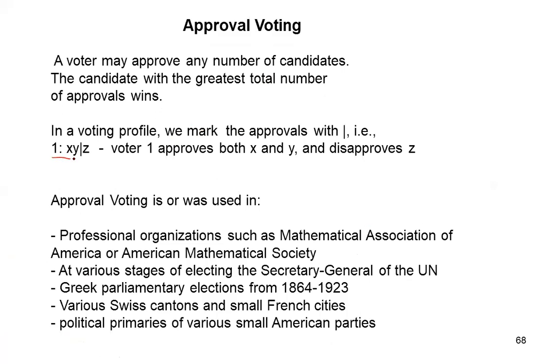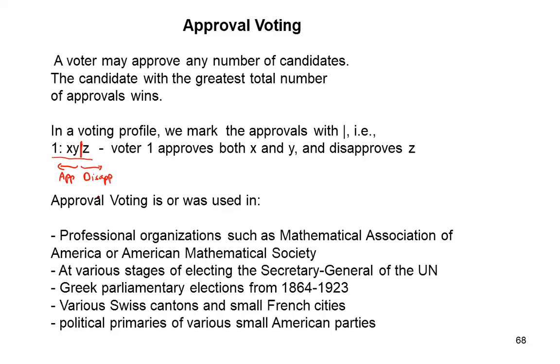In this case, X is at the top, then Y and Z. So let's put the mark of approval at some point. This means that voter 1 approves both X and Y, but disapproves Z. So those who are to the left are approved, and those who are to the right are disapproved.